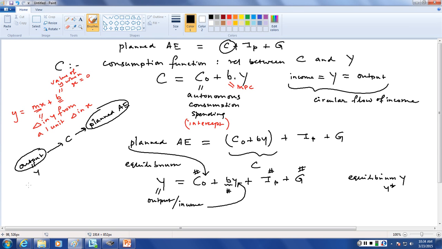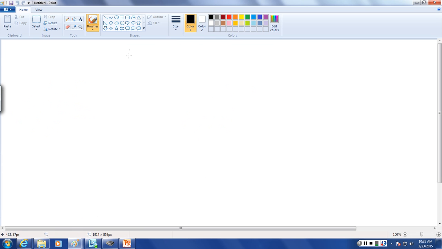So let us now focus again on this last equation that I have put down here. What is that condition for equilibrium again? The output of the economy is equal to what the three plan to buy: C0 plus B times Y plus IP plus G. Right?